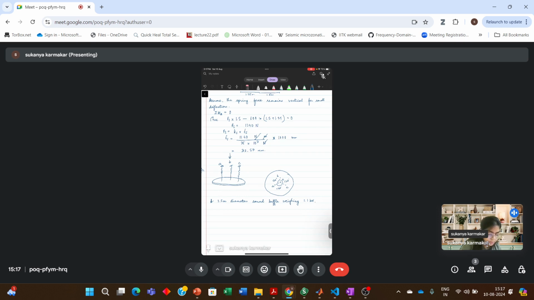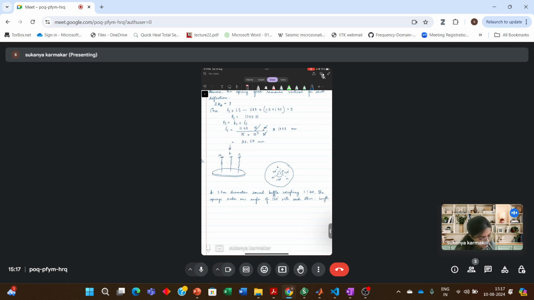The springs make an angle of 120 degrees with each other, and I've just shown here in the figure how they make an angle of 120 degrees with each other. And these springs, each 250 long, are used, and the spring constant of A and B are 14 kilonewton.